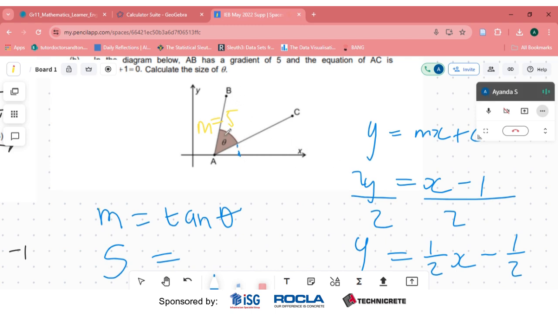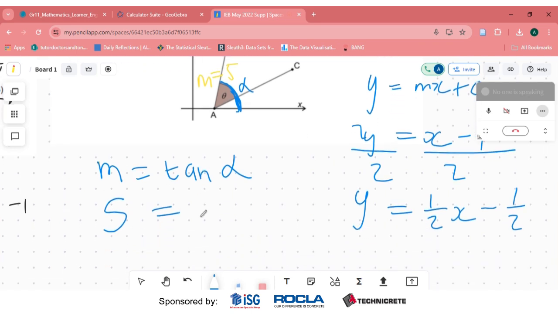So this would be this whole angle here. Let's just call that alpha instead of theta, so we don't get anyone confused. So 5 is equal to tan alpha.